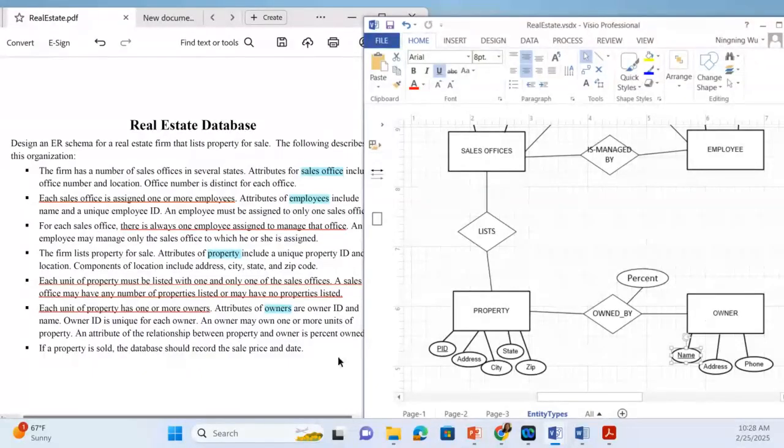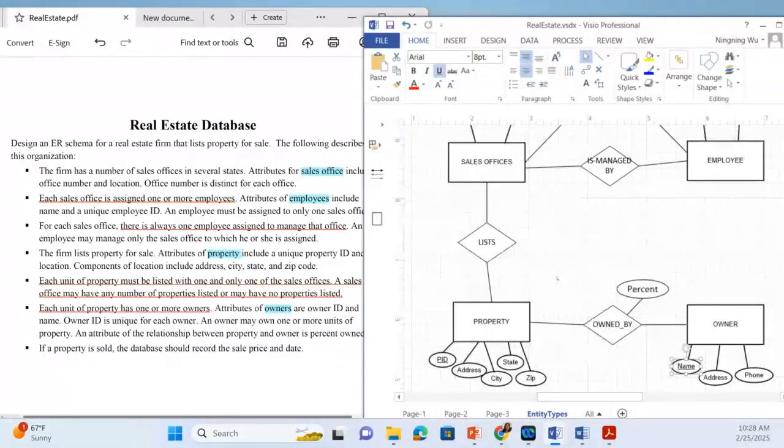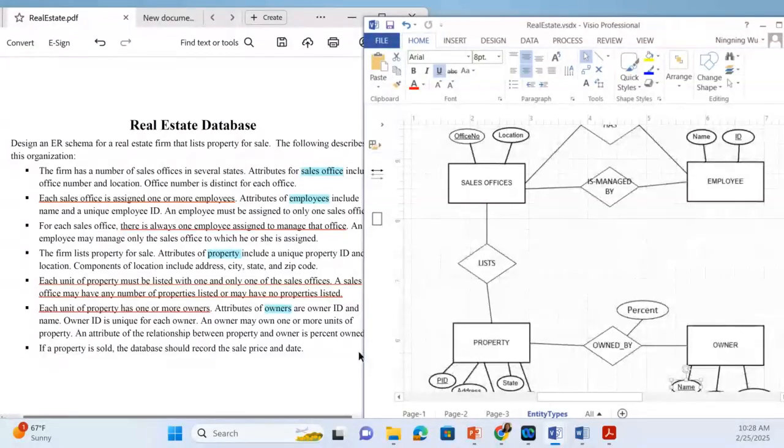So we discussed quite a few concepts in today's lesson, and I also showed you the first draft of this database. In the next class, we're going to refine the design by supplying the constraints for the relationship types, and if anything is missing in the first draft, we can add it.